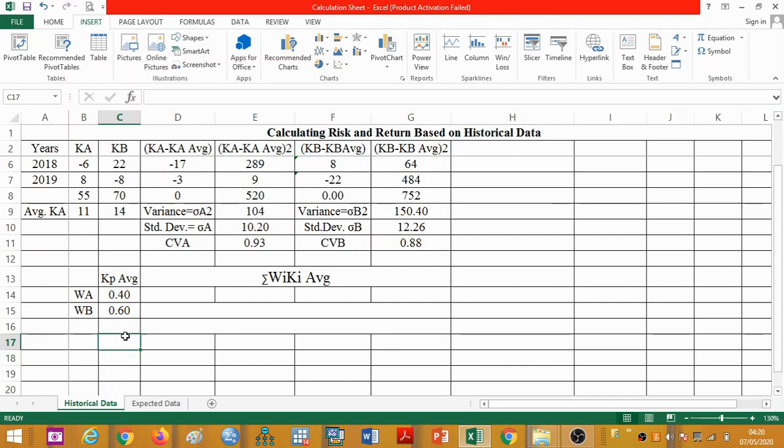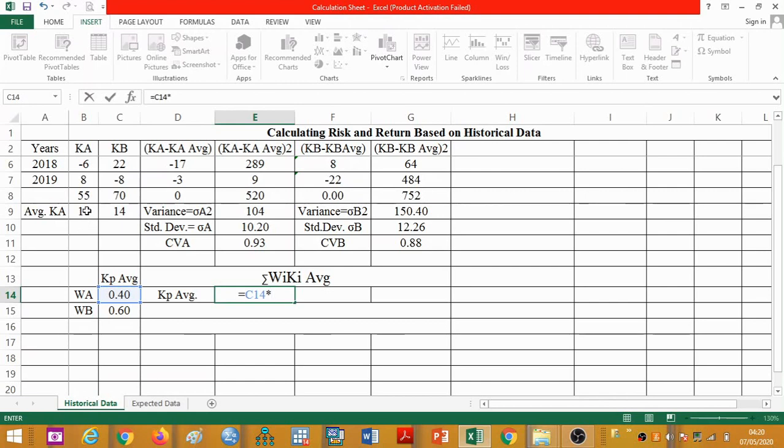So what will be the average rate of return of the portfolio in this case? KP average will be equal to WA multiplied by the average rate of return of A security, and that is 11%.